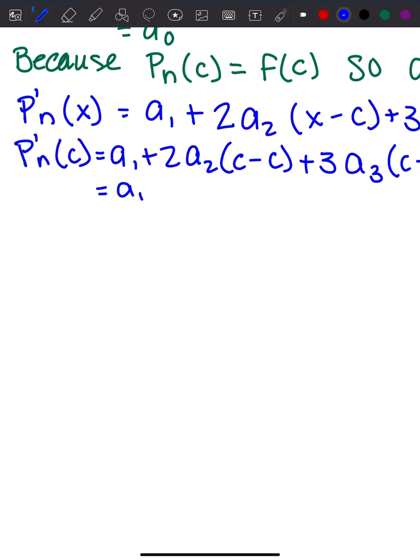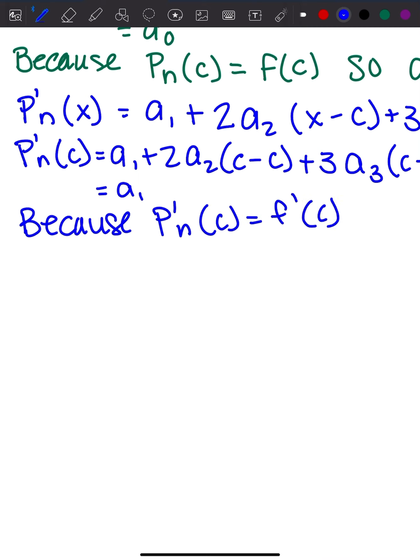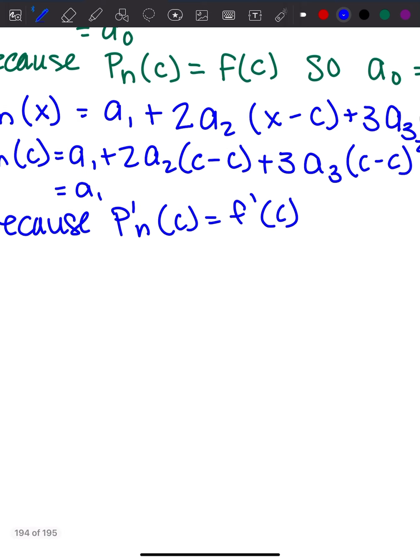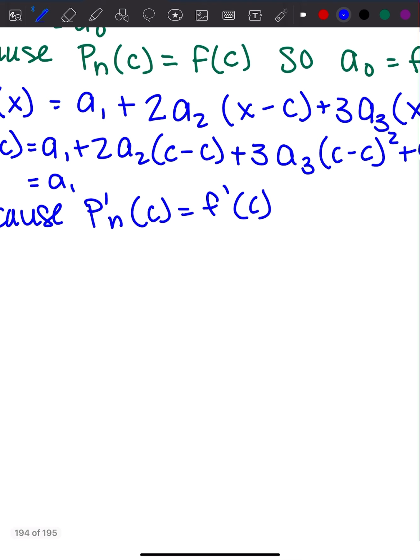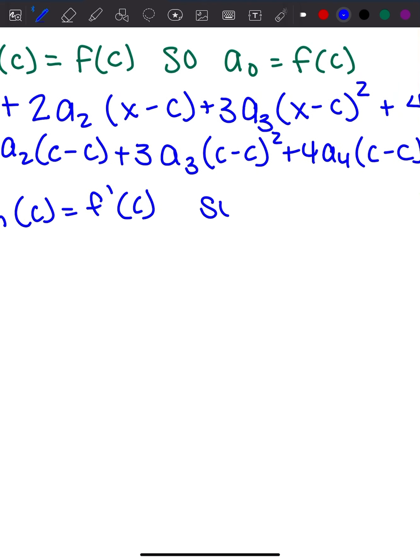So we get a sub 1. Because we want p prime of c to equal f prime of c, because we want those derivatives to match up. Each point in time we want it to match up. P prime n of c is a sub 1. So we know a sub 1 is going to equal f prime of c. So the derivative at our point.